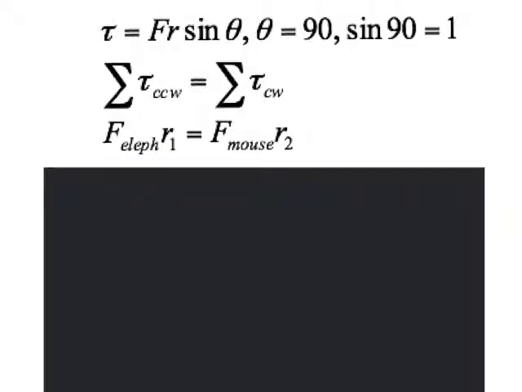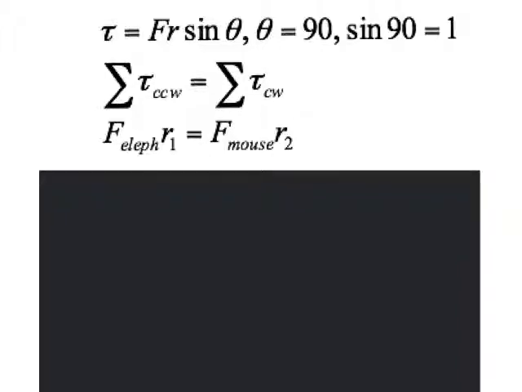For our subscripts, we have the elephant's force times the elephant's lever arm on one side, and then the mouse's force times the mouse's lever arm on the other side. You should know by now that if you're given a mass and you are asked to find the force, that is going to be the weight of the object, and we would find that simply by multiplying mass times the acceleration due to gravity.